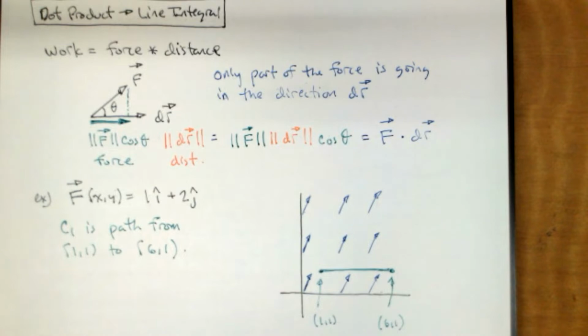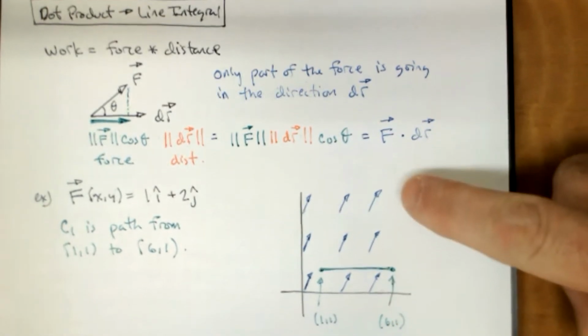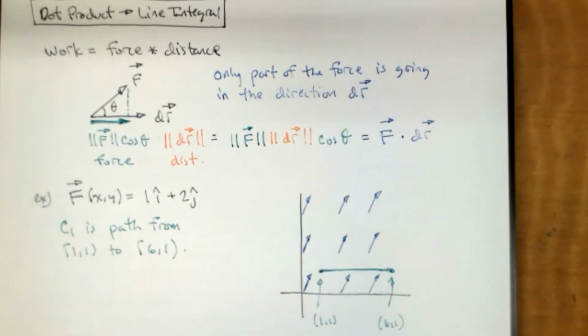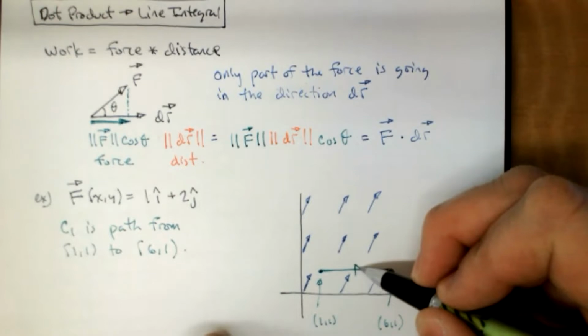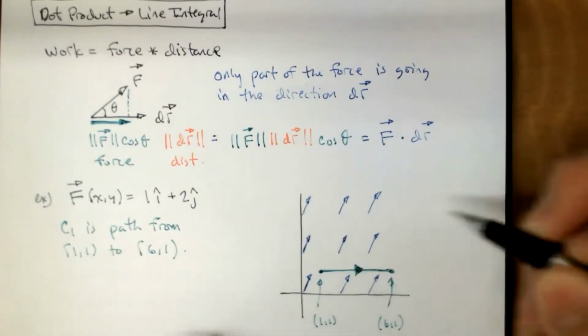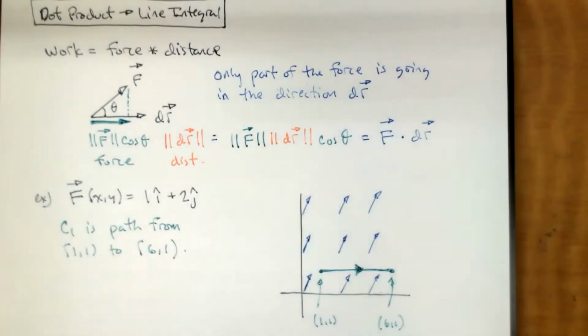And I'm going to try really hard to not be annoyed that I put this third column of arrows half a square too far over. So if we want to calculate a line integral, we're going to need to parameterize our path from (1, 1) to (6, 1).